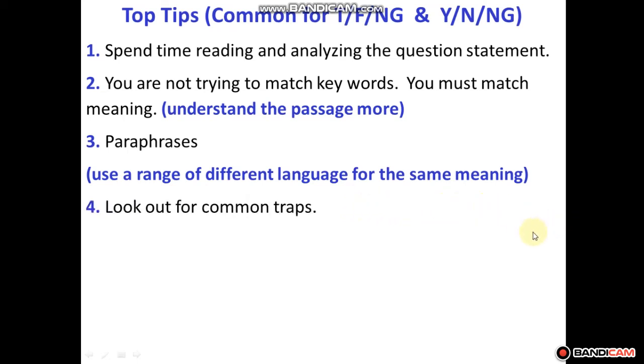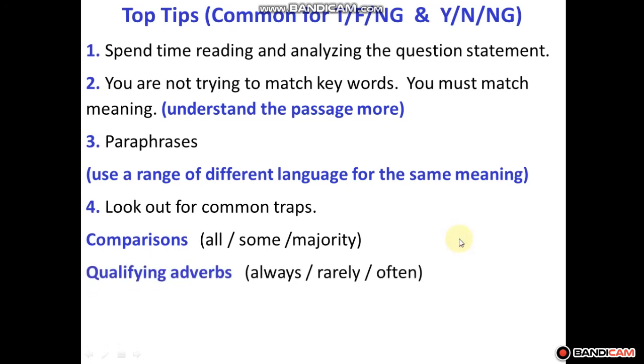Okay, number 4, look out for common traps. What can be the common traps? Well, they can be in the form of comparisons, words like all, some, majority, than, and qualifying adverbs. For example, always, rarely, often, never, sometimes.